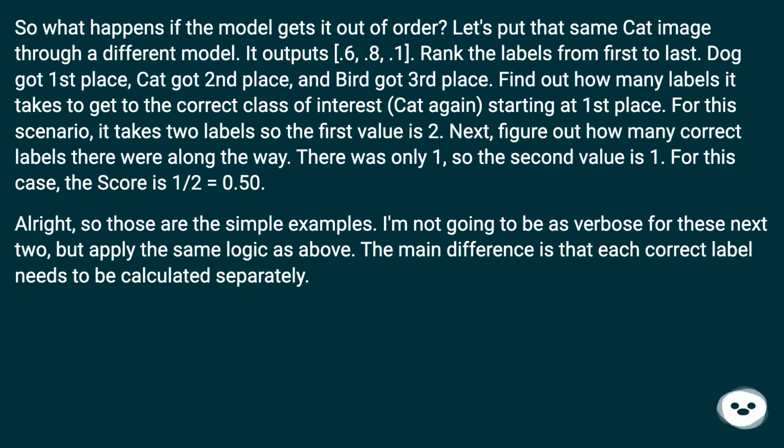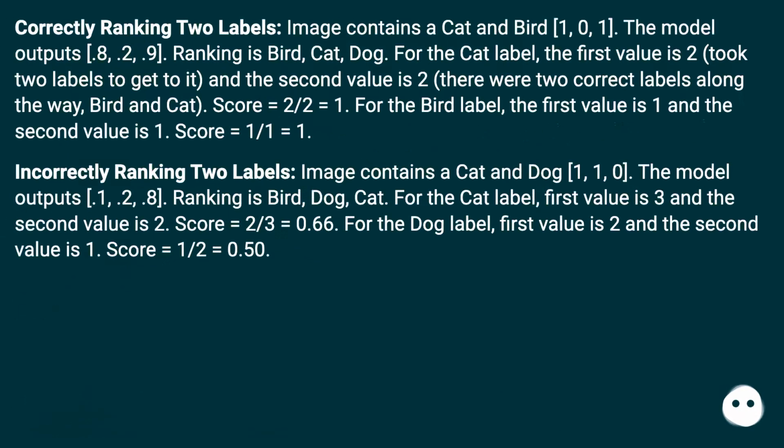Alright, so those are the simple examples. I'm not going to be as verbose for these next two, but apply the same logic as above. The main difference is that each correct label needs to be calculated separately. Correctly ranking 2 labels, image contains a cat and bird, 1, 0, 1. The model outputs 0.8, 0.2, 0.9.